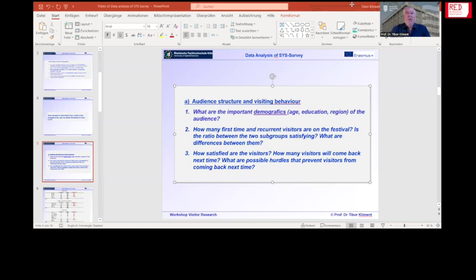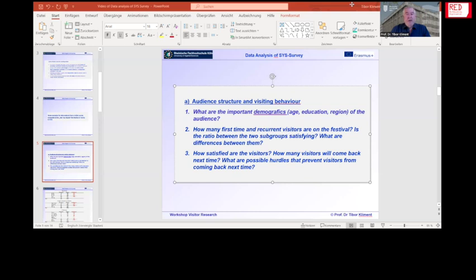We always want to know, for instance, what are the important demographics of our audience. We also want to know what is the share of first-time and recurrent visitors at the festival, and what is the ratio between these two subgroups, and also what are the differences between those groups.